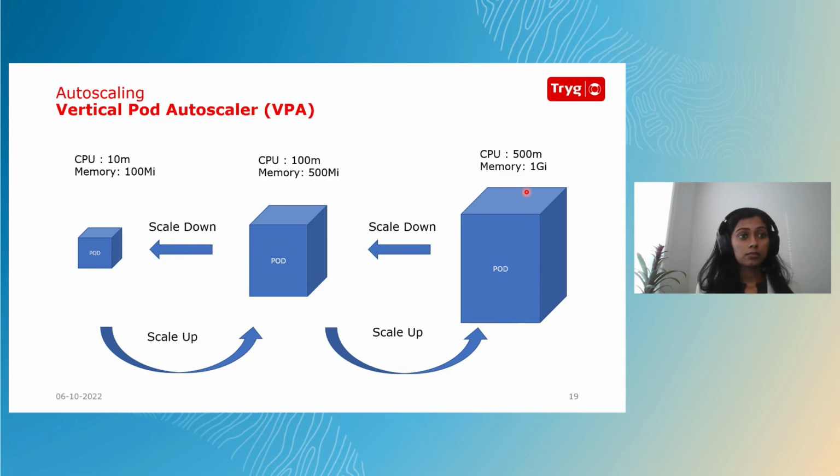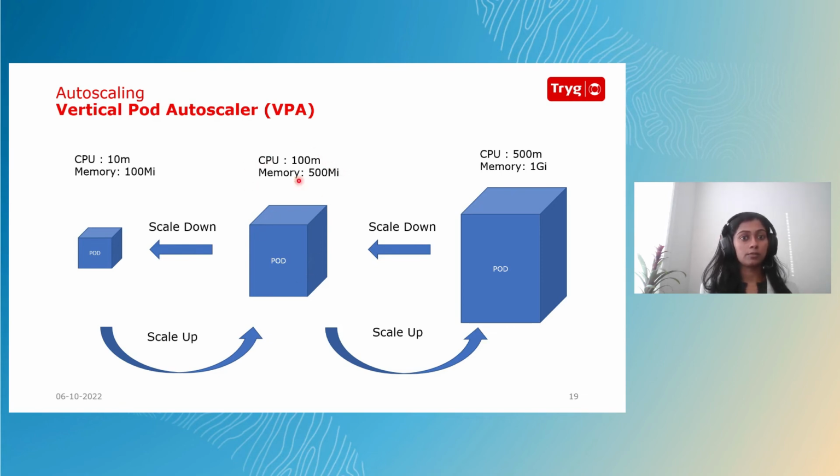And what is a vertical pod autoscaler? In horizontal pod autoscaler, we dynamically increased or decreased the number of pods, or number of replicas of a pod in a stateful set or deployment. Here, we change the size of the pod itself based on the utilization of the pod. We set certain minimum and maximum values between which the vertical pod autoscaler tries to measure how much the pod is utilizing at any given instant, evict the pod, and restart the pod with the new parameters.